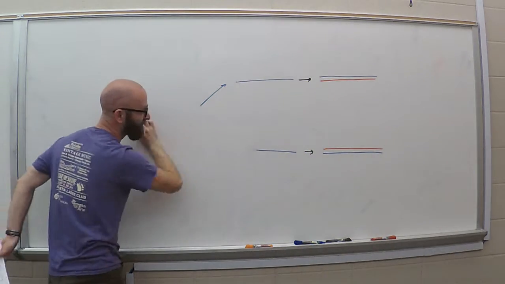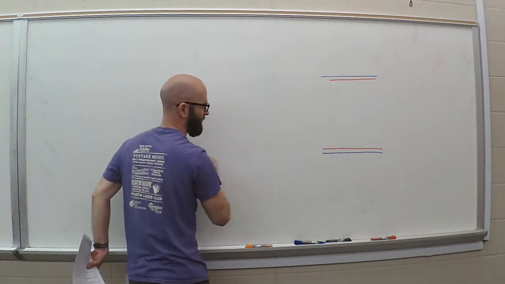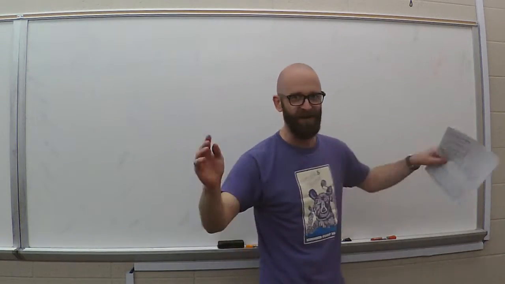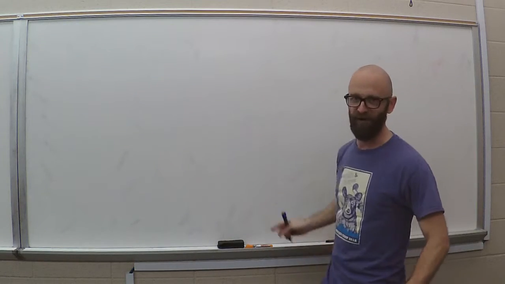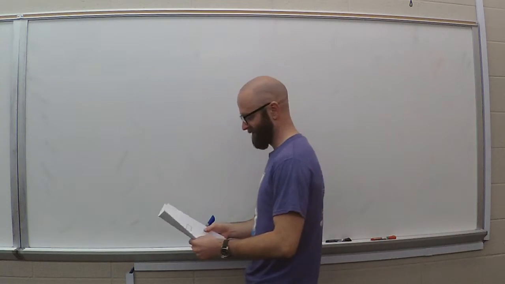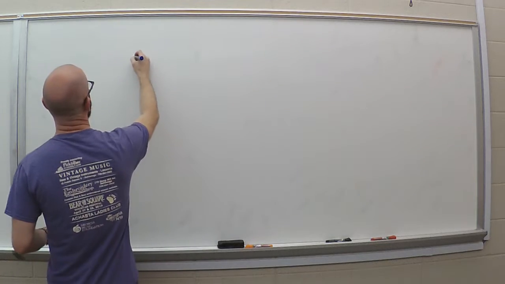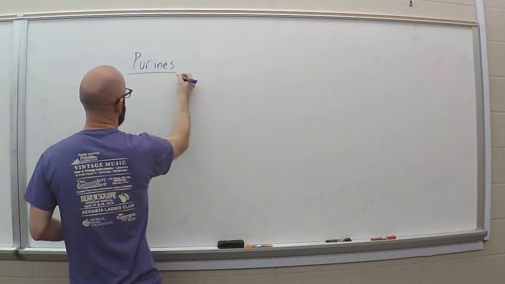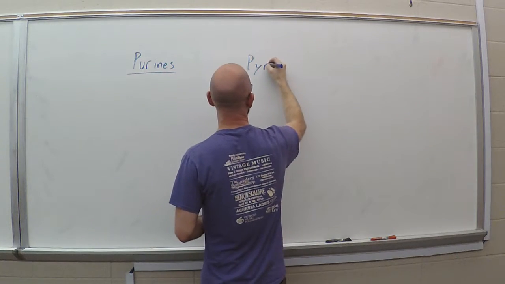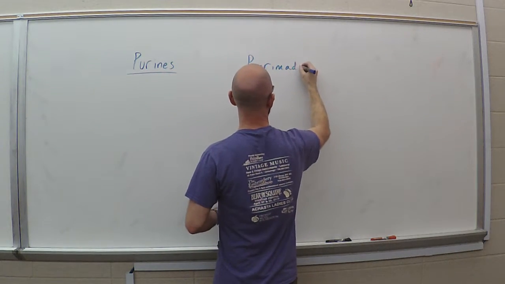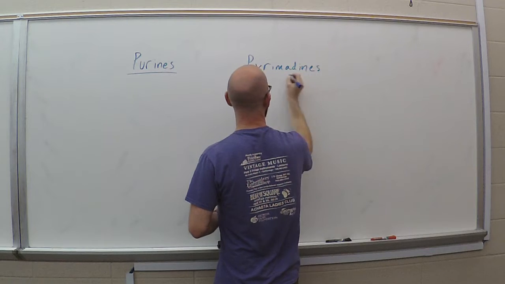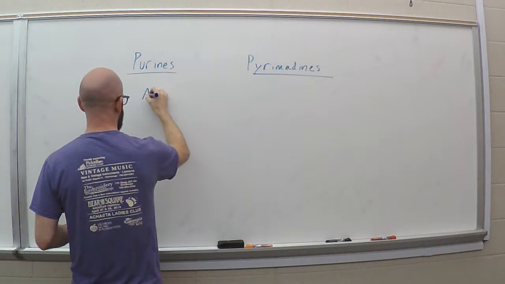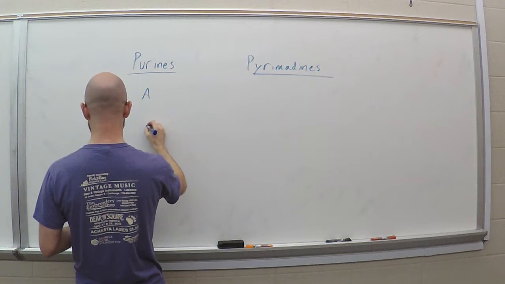But first, I'm not happy unless I've managed to shoehorn some kind of math into every chapter. So we're going to do a little bit of math, easy math. You'll remember that there are two types of bases: purines and pyrimidines. The purines are adenine and guanine.